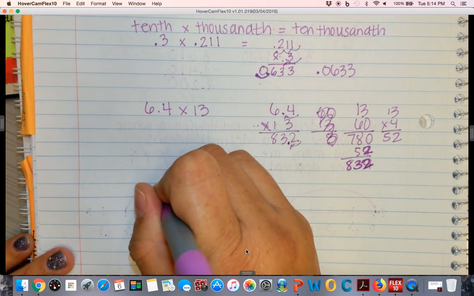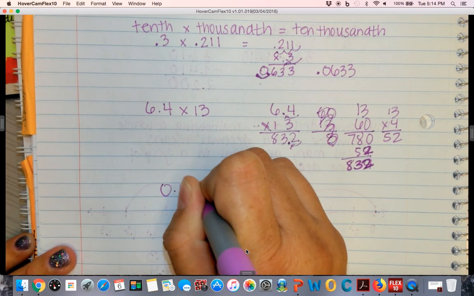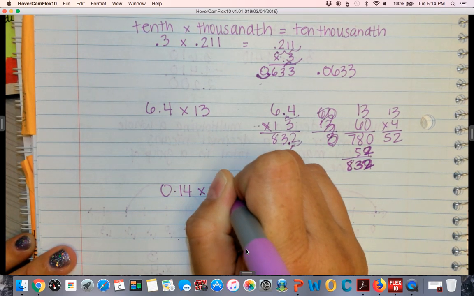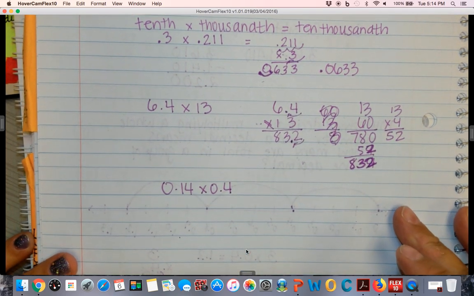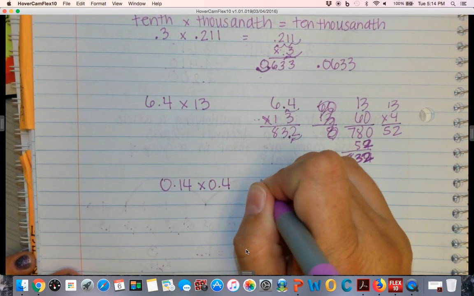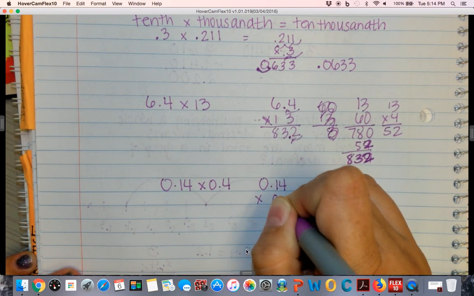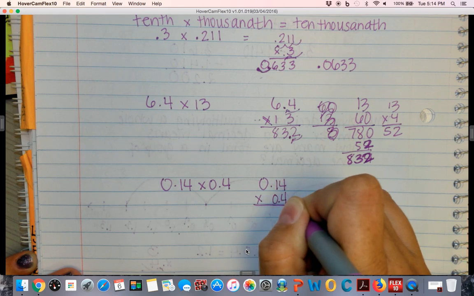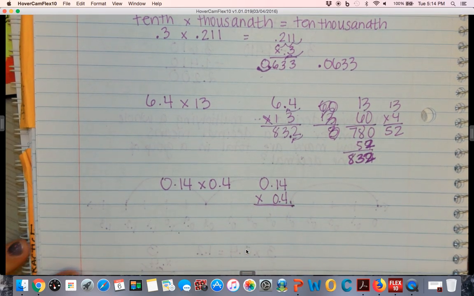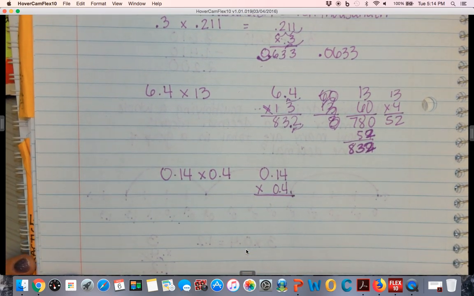Here's another one. And I'm just going to go ahead and line it up. I don't want to think about the decimals right now. I'll come back and worry about them later. I don't line them up.